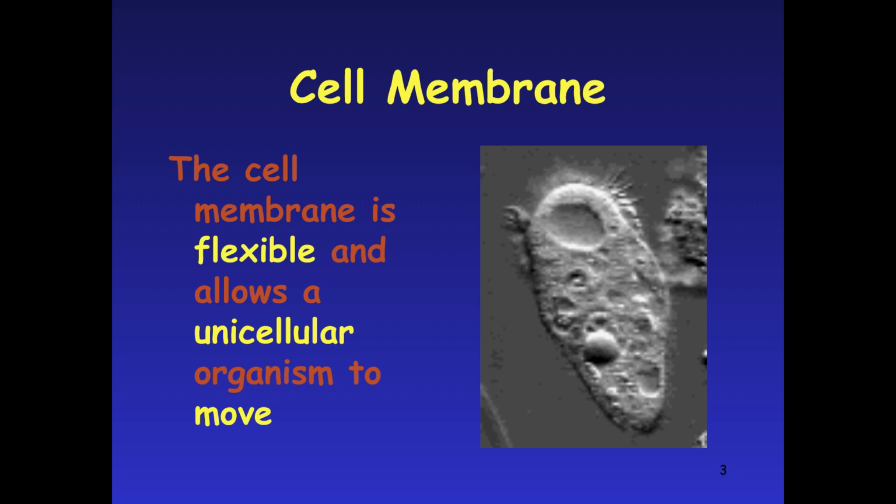That's why you cough, because those little hairs are moving, trying to clean things out. You also have cilia in your digestive tract that increase surface area and allow for better absorption of food as well. But for these little guys here, the cilia allow them to move. And the cilia are anchored right to the plasma membrane, the cell membrane.